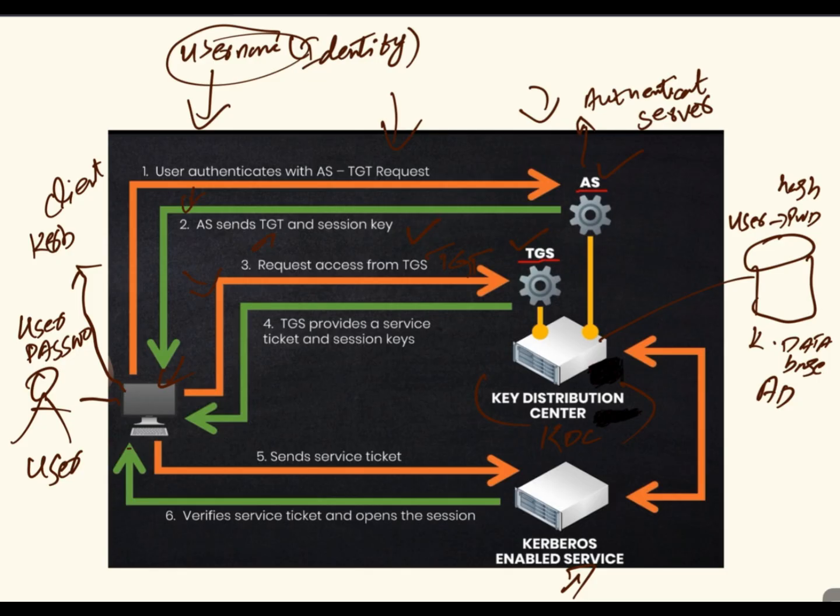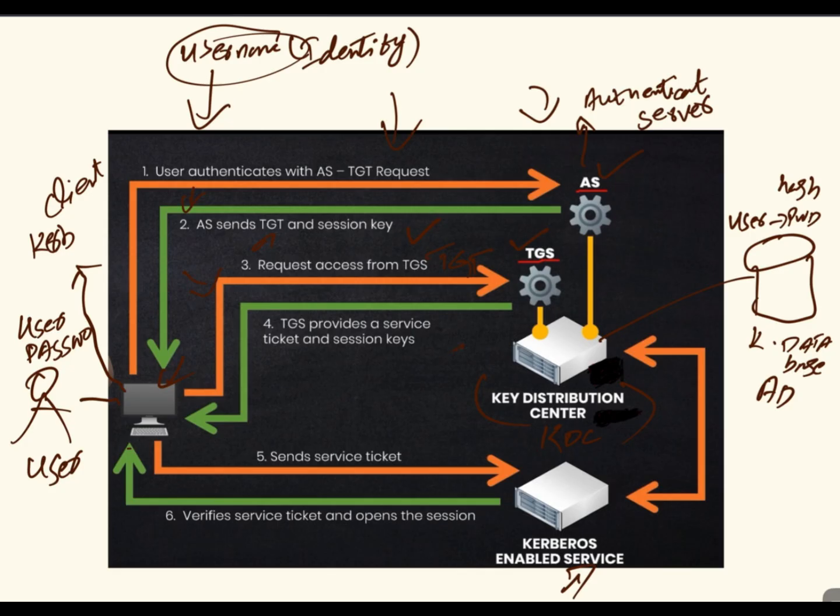If that TGT ticket is legitimate, the TGS can decrypt it, because initially the same ticket with encryption was sent to the client, right? So when the client sends that ticket, the TGS validates the TGT and issues a service ticket.